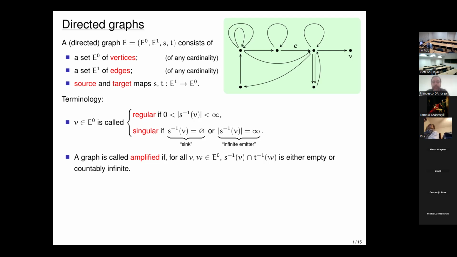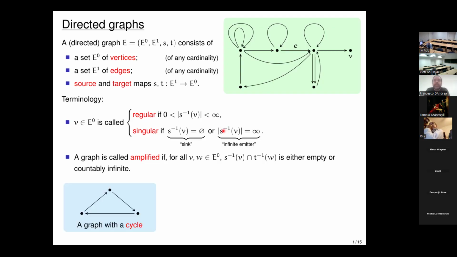A graph is called amplified if given any two vertices, the set of edges that start at the first vertex and end at the second vertex is either empty or a countably infinite set. So between two vertices, you either have no edges at all, or you have countably infinitely many. This is one of the terms that appeared in the title and is one of the classes of graphs we are interested in.